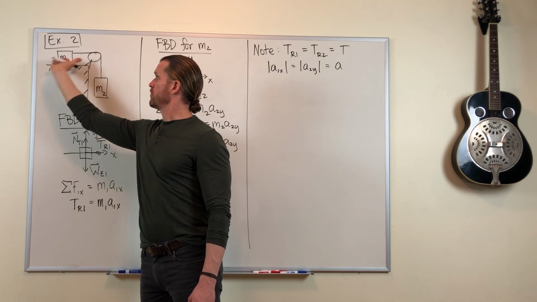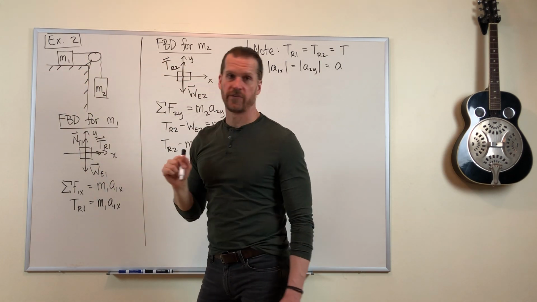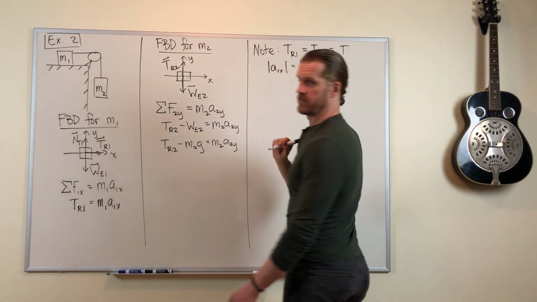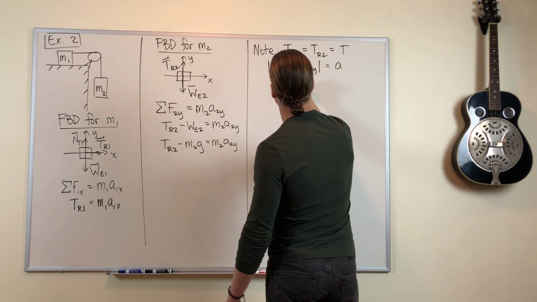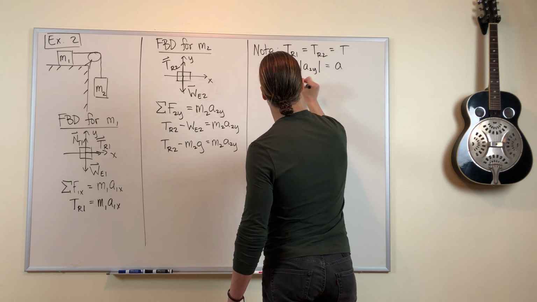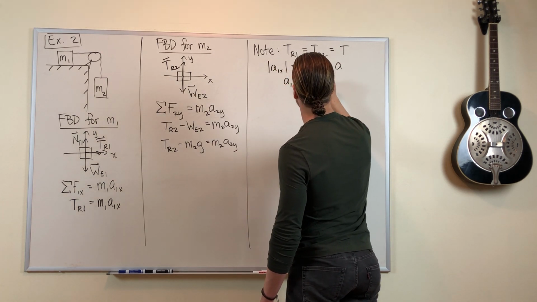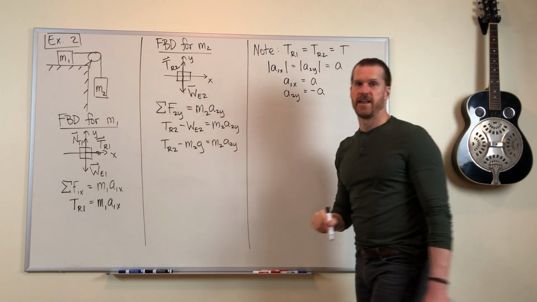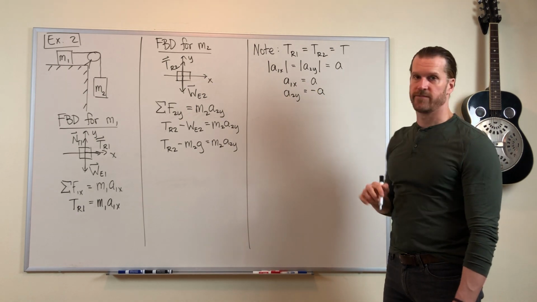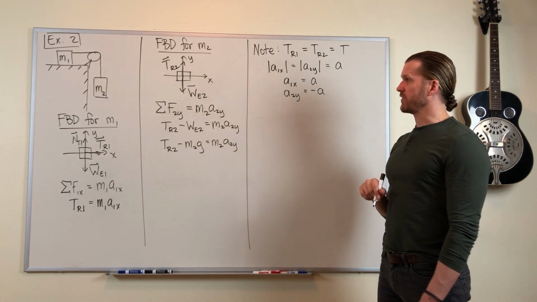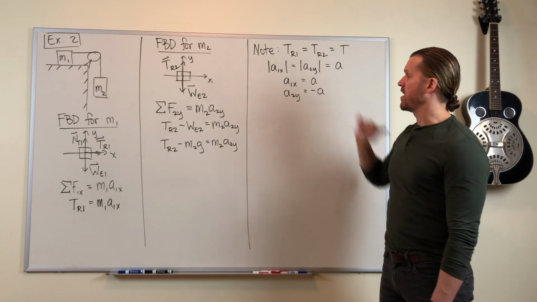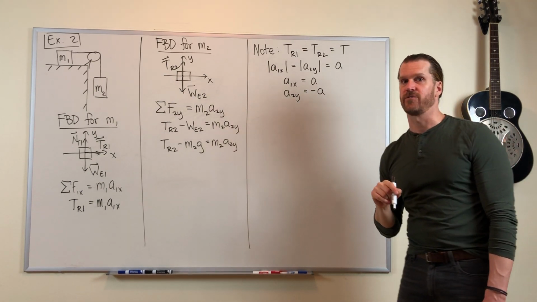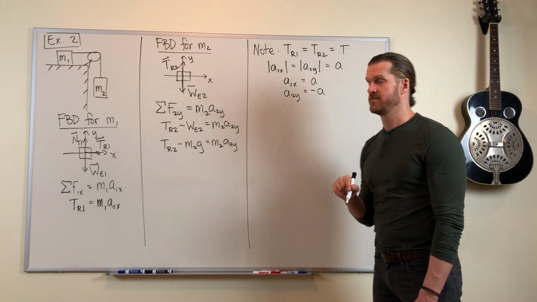Mass 1 is moving to the right. In the coordinate system we set up for mass 1, that's the positive direction. So, without these absolute value signs, a1x would be positive A, and a2y would be negative A, because we defined the coordinate system for mass 1 as being positive going to the right, and we defined the coordinate system for mass 2 as being negative going down.